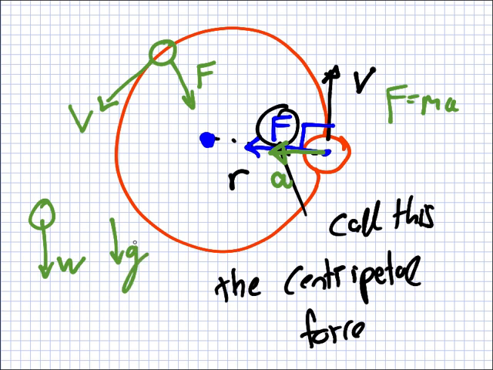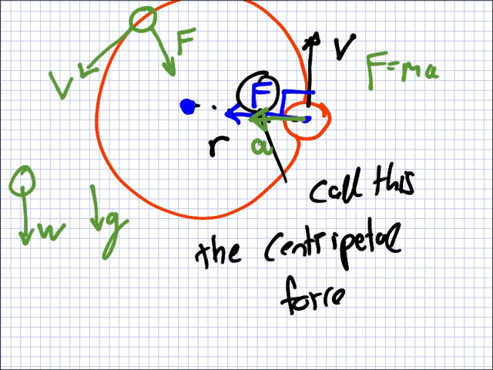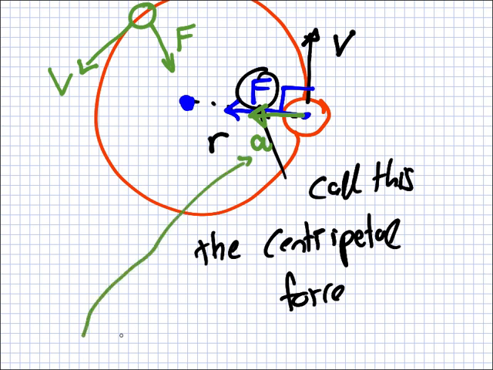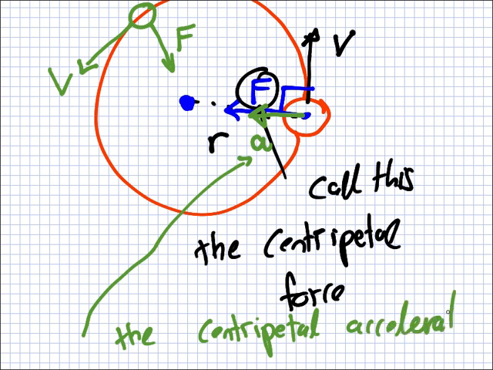The same. So A is in the same direction as F. That's not news. And what do you think we call this A? What is this called? Yeah. Isn't physics great? The centripetal acceleration. So if you can add that to the picture.